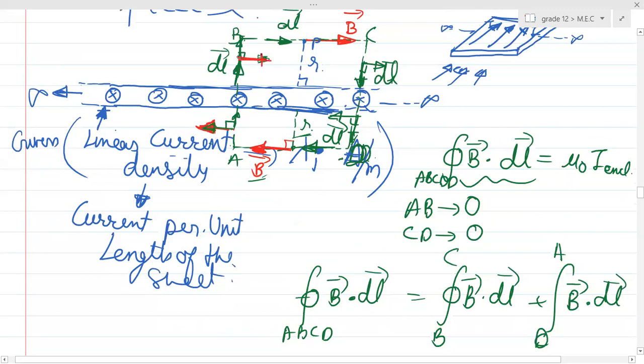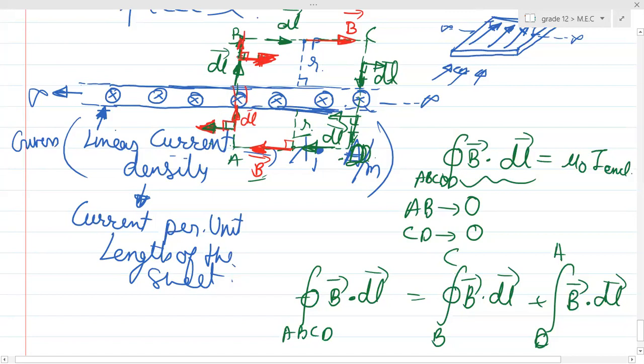At this point the magnetic field will be up. Can you see the current carrying wire, a small element? The current above the sheet will be towards right, and below the sheet it will be towards left. Is this clear? And the dl vector is along the loop, going from here to here. So can you see 90 degrees and 90 degrees? Are you getting my point?